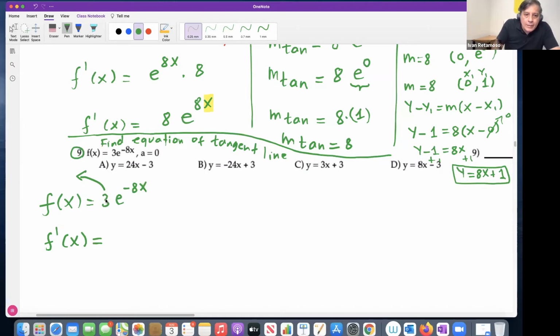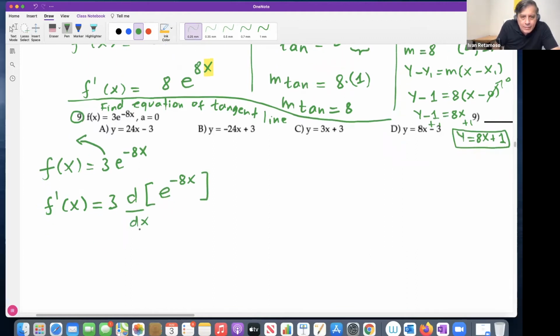If we take the derivative, taking 3 out, we focus on getting the derivative of e raised to minus 8x with respect to x. But what is that derivative?